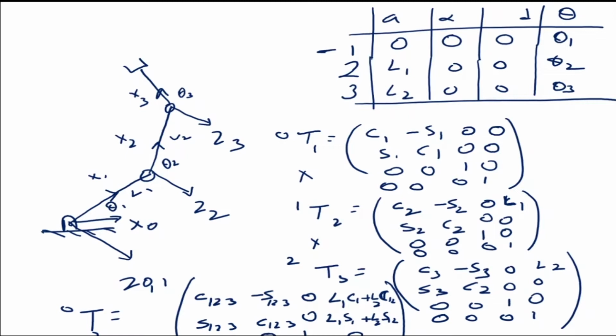Now this matrix has 4 parts. We have the rotation part, and we have the translation part. Let me draw it again a little more clearly so that we understand better. This is my manipulator, and this is my theta 1, theta 2, and theta 3.